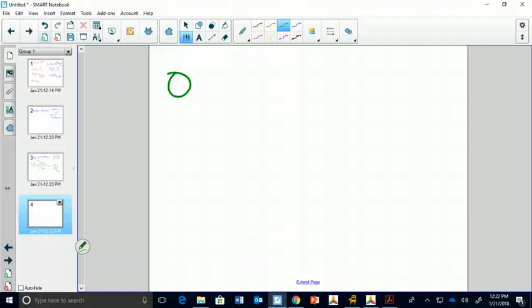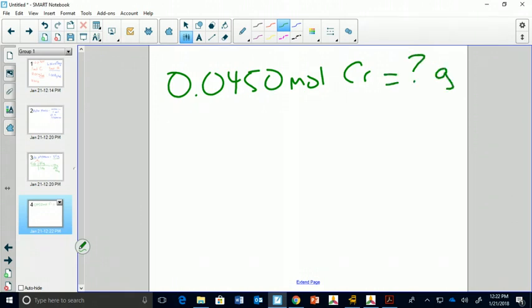So if I have 0.0450 moles of chromium, and I would like to know, please, how many grams of chromium does that make?